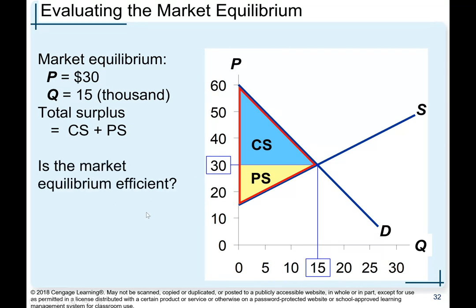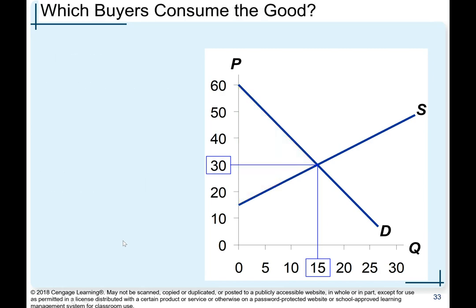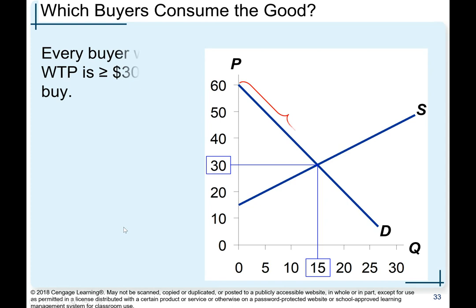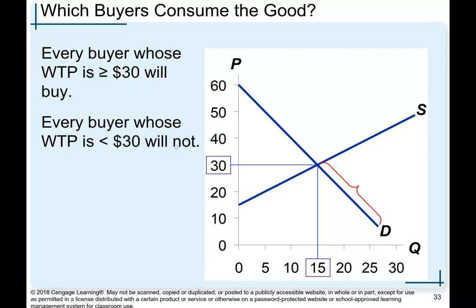So is the market equilibrium efficient? Well, let's look at it. Every buyer whose willingness to pay is equal to or greater than $30 will buy. You get what you want. Every buyer whose willingness to pay is less than $30 will not be in the market.